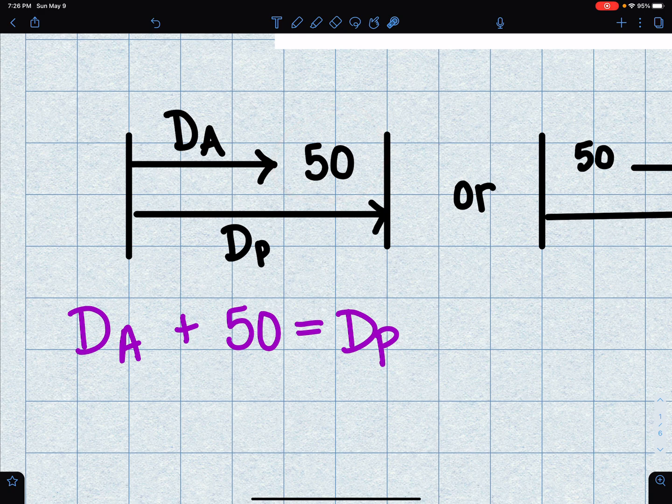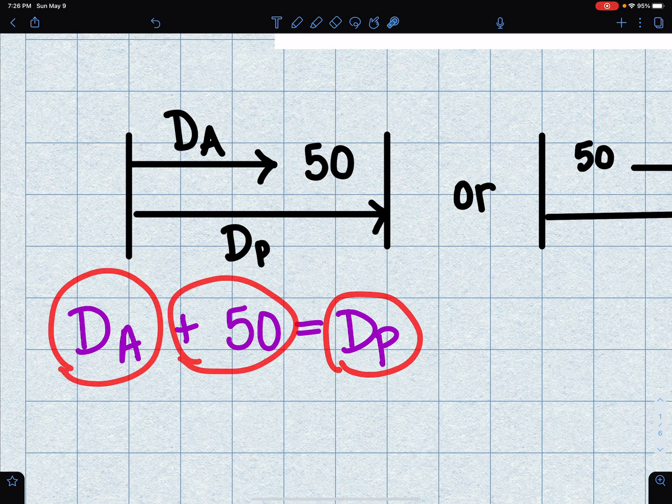So dP went 50 units farther than dA. So if you draw a picture like this, then you won't get messed up by these problems. And then you can write something like this: dA plus 50 is equal to dP.